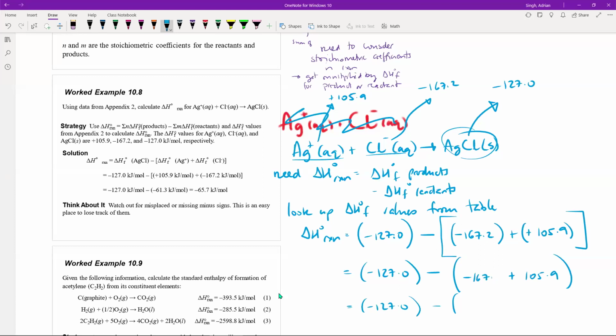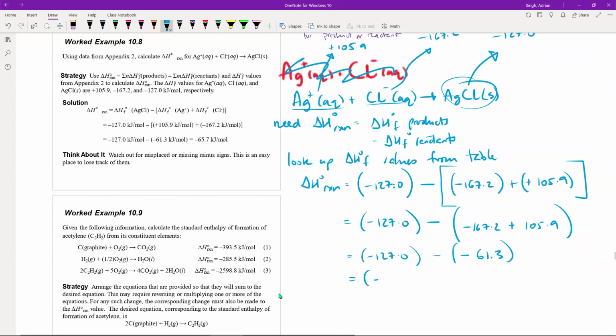Okay, so that made 167 plus 105, that should give me negative 61.3, I think. Yes. And then evaluate this, negative 127.0 plus now 61.3, and that's going to give me about negative 65.7 kilojoules per mole as the delta H standard for that particular reaction.